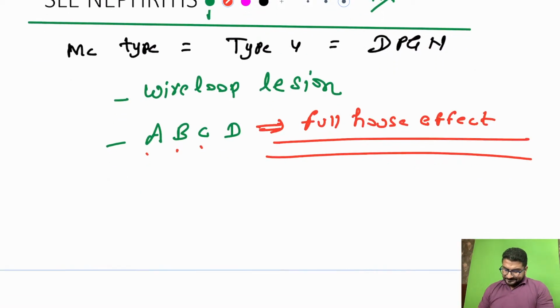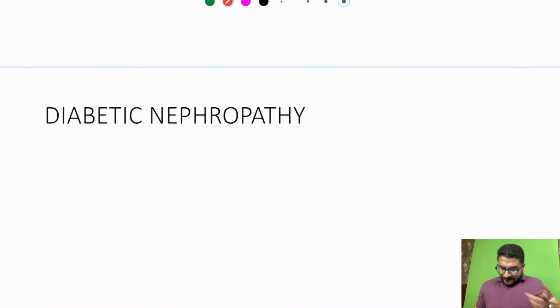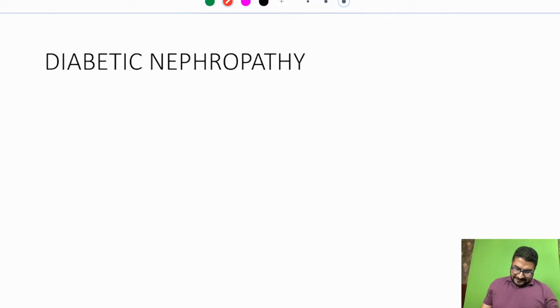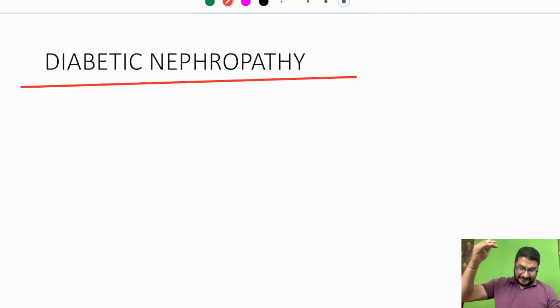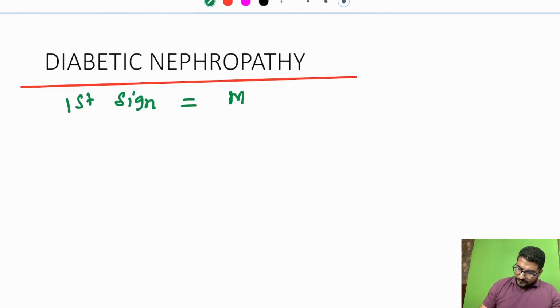Full house effect. Now diabetic nephropathy we have discussed already in diabetes. So मैं आपको बता दे रहा हूँ एक बार. I told you the initial stages, मैंने आपको stages बताई थी. I told you hyperfiltration in the previous video. So remember, they ask you the initial sign, or I can say the first sign. The first sign will be microalbuminuria.